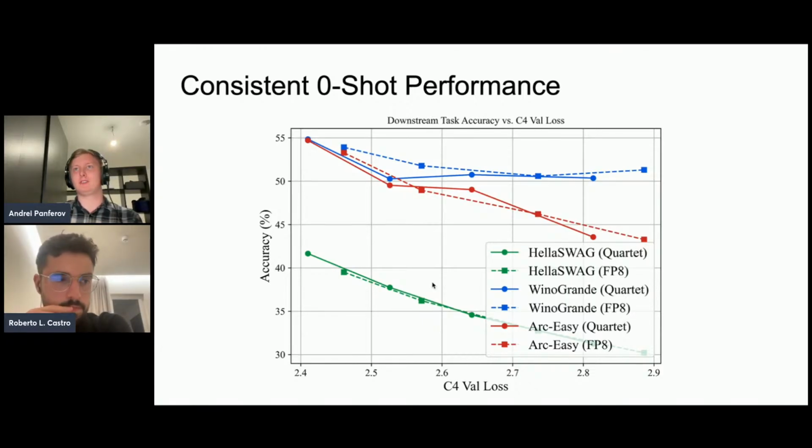And here we simply demonstrate that this one validation loss is consistent with some other performance metrics of LLMs, and our comparisons still stand.